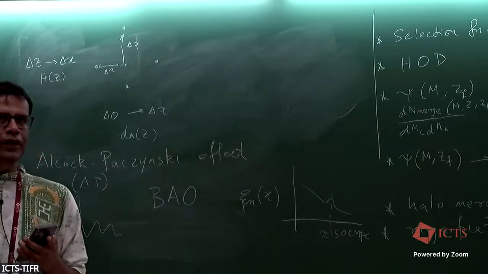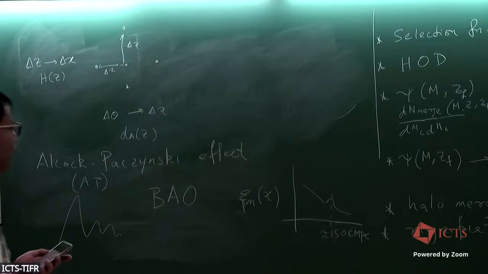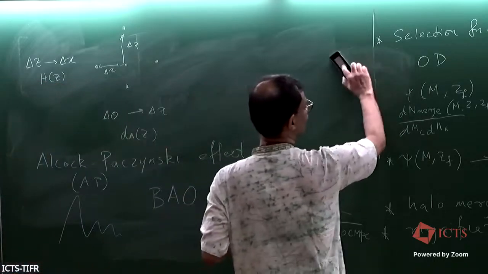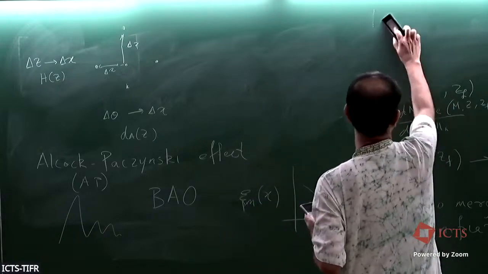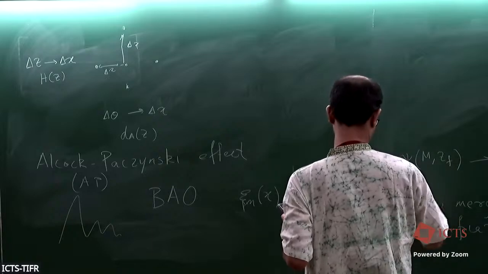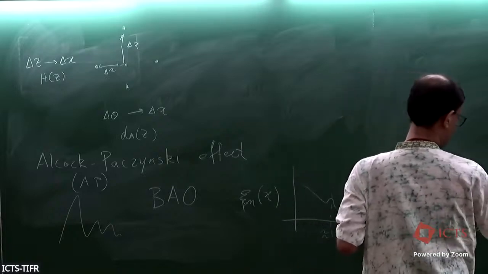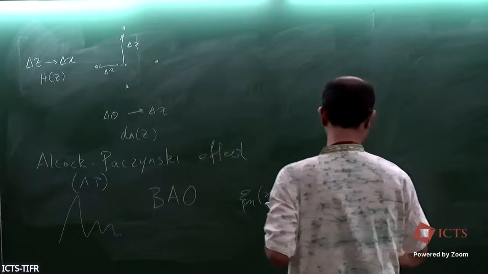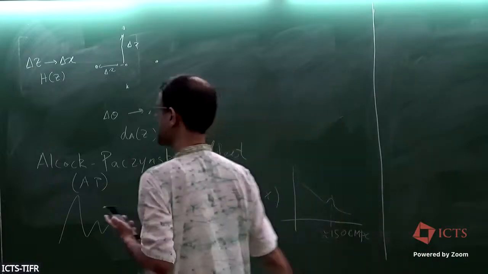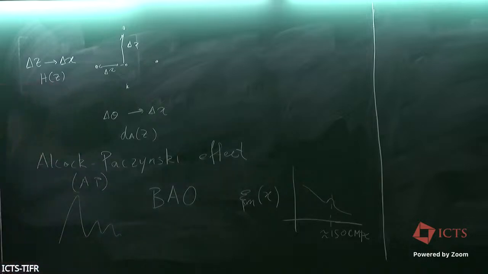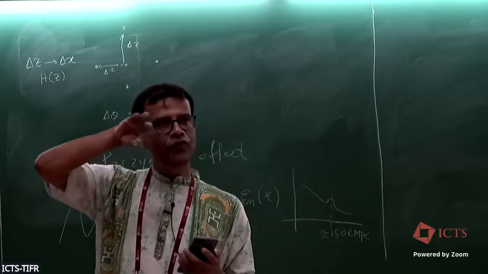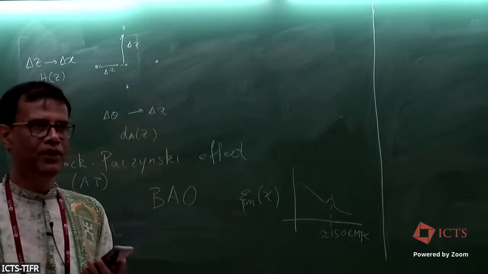Yeah. And finally, today we may be able to finish a bit early. I just wanted to talk a bit about BAO, because that is so important in cosmology. As I was saying, the BAO essentially shows up as a peak in the correlation function, and hence as some kind of wiggles in the power spectrum.